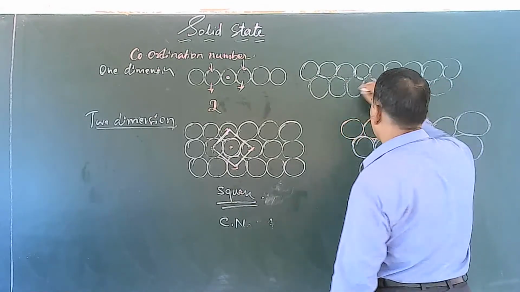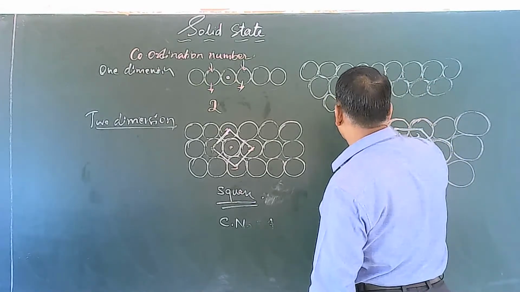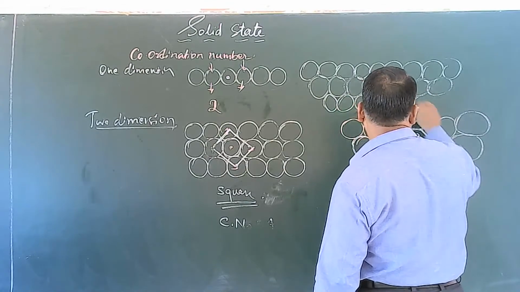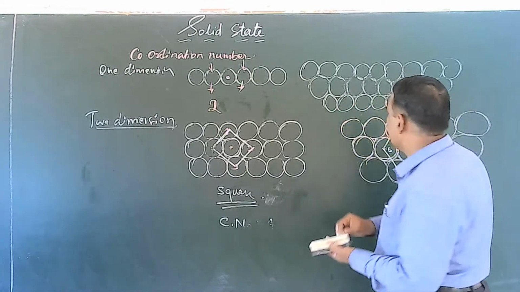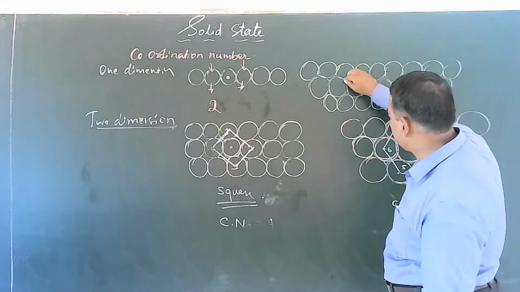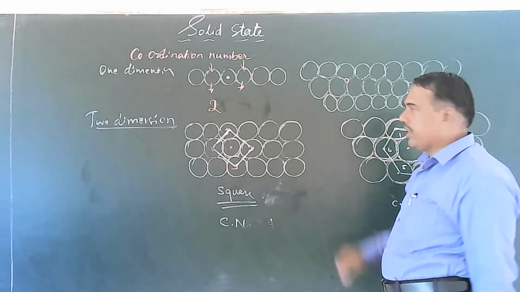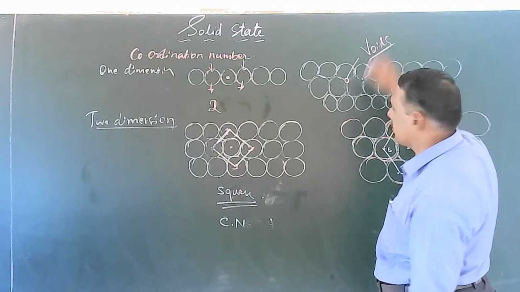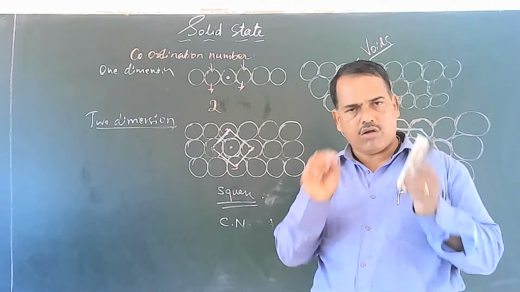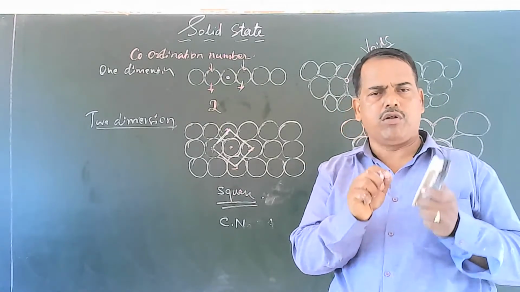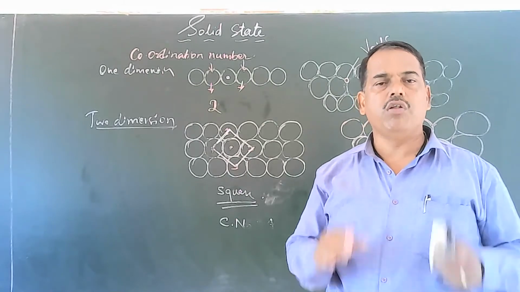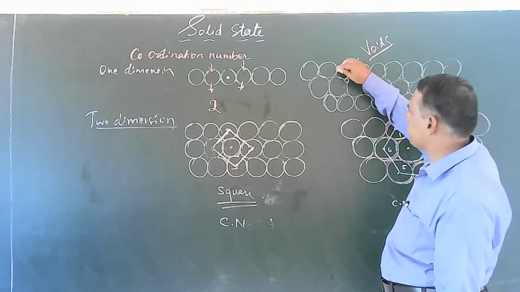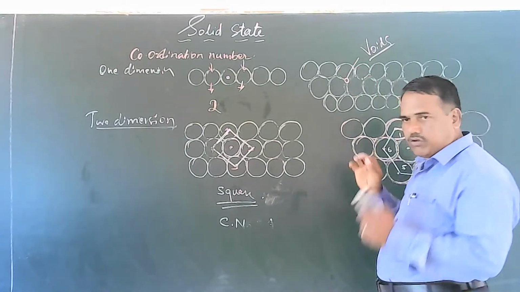In the depressions of the first layer, you can see we can find small spaces between them. You can see some of the space which is observed, and these are called voids. These are holes. A small particular hole is present, which we will call voids.